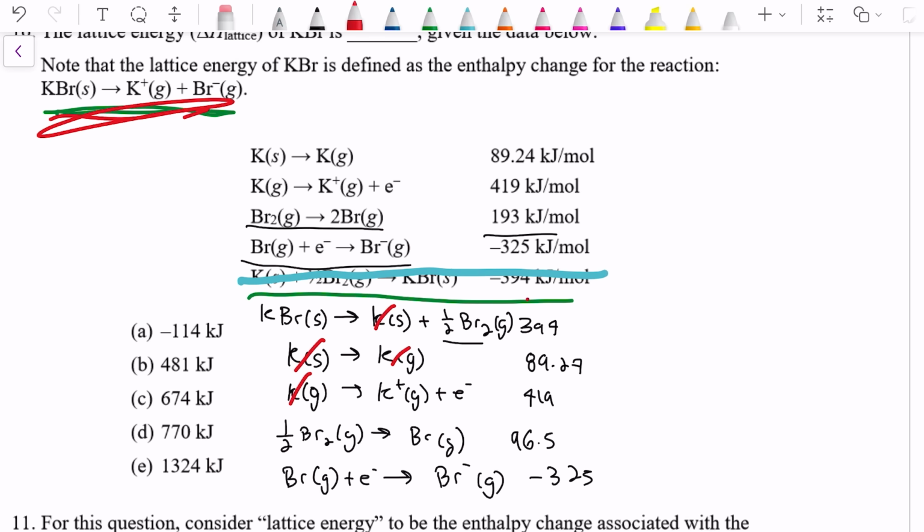So I'm just going to now sum together all of these numbers: positive 394 plus positive 89.24 plus positive 419 plus 96.5 minus 325. I get 673.74.